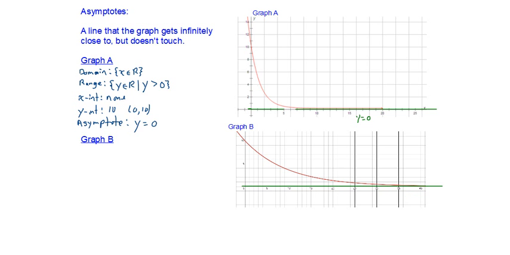So maybe what we'll do is we'll just copy this. I don't know if I can do that. Nope. All right. We'll just quickly jot these down. So the domain is that x is an element of the real numbers. It can be anything.